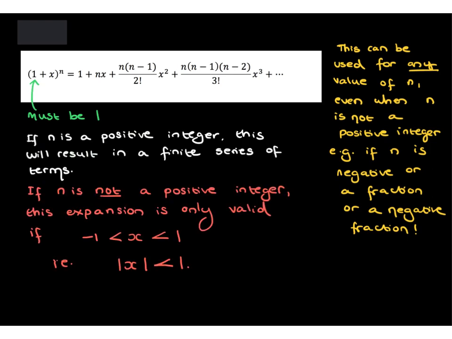So let's just repeat that. If n is a positive integer, this will result in a finite series of terms in your expansion, exactly like the last example that we just did. However, if n is not a positive integer, so let's imagine n is negative 3, or n is equal to negative a third, or n equals a quarter, then this expansion is only valid if x is between minus 1 and 1, i.e. mod x is less than 1.